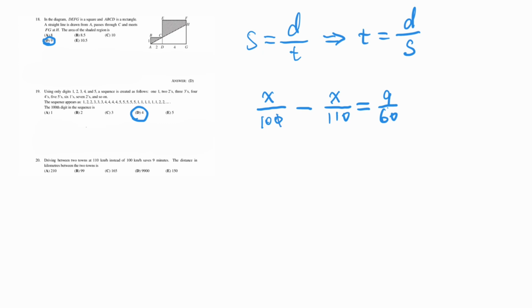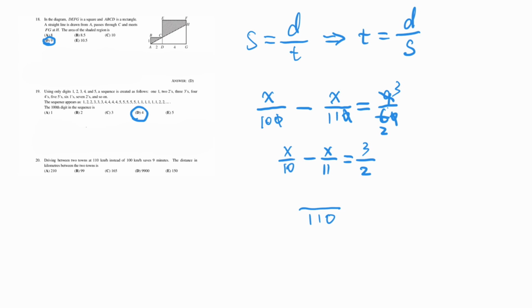First we cancel the zeros, and also we cancel the 3, that's 3 and 2. So the equation is x over 100 minus x over 110 equals 3 over 2. On the left side, the least common denominator is 110.